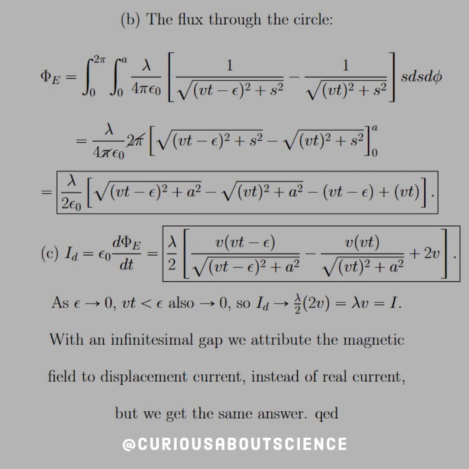So now instead of being 1 over, we're just left with the square root, because of the negative 1/2 to 1/2 in the integral. Nonetheless, let it carry through, and we see that the flux is equal to lambda over 2 epsilon naught, since the 2 pi's cancel. And then we're left with this square root term minus square root term, minus, since 0 goes in there and the square root cancels with the square, minus vt, and then a minus, hence the plus vt term at the end.